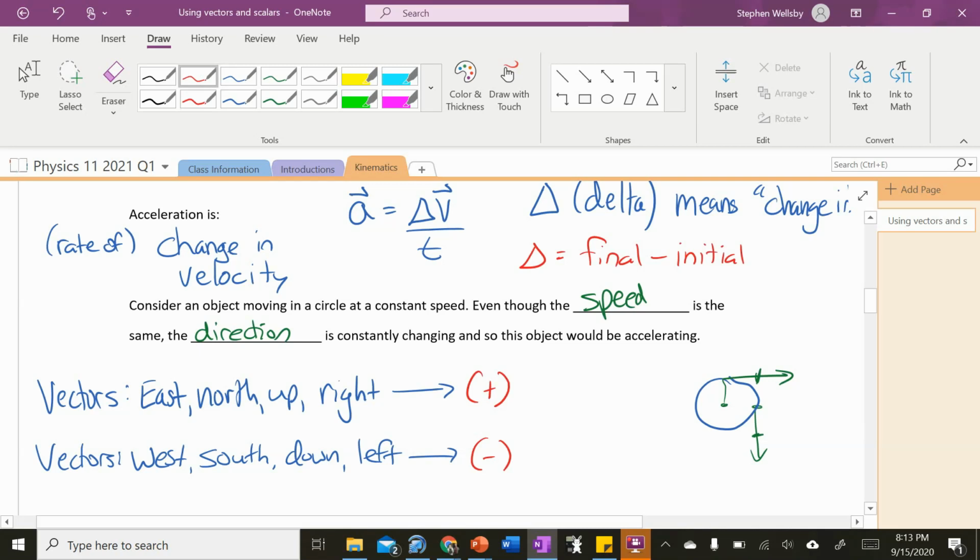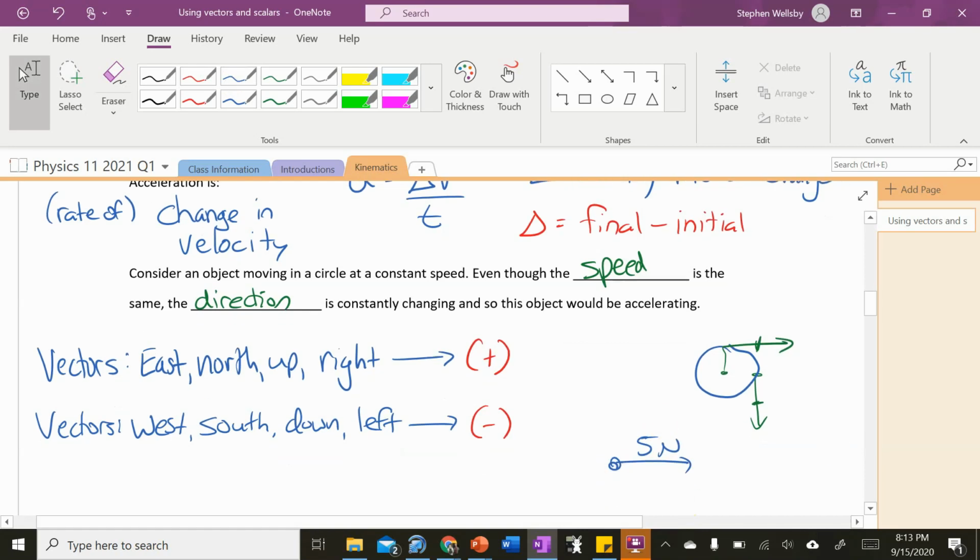The reason why is that we need to keep track of what directions things are going, because sometimes they will act in opposite directions. An example of that would be if I'm standing here and I have one student pulling me with 5 newtons to the right, and another student pulling me 4 newtons to the left. Well, if we just add these together, you would think that I'm being pulled with 9 newtons. But hopefully you can see what the overall force on me would be. We would have 5 newtons to the right, so we would call those positive, and then we're going to add 4 newtons to the left.